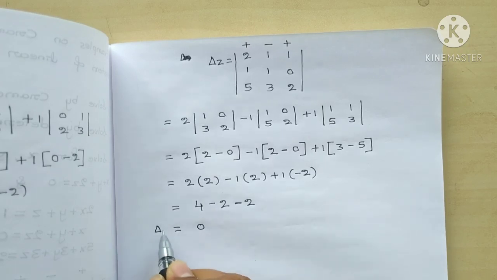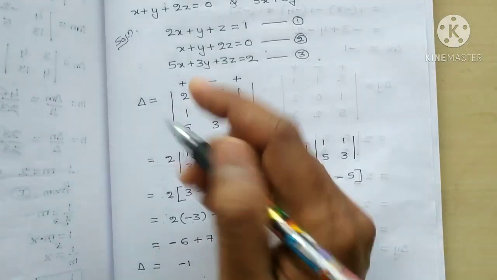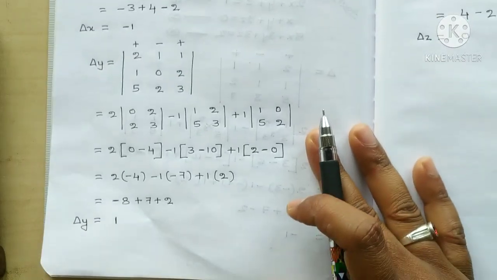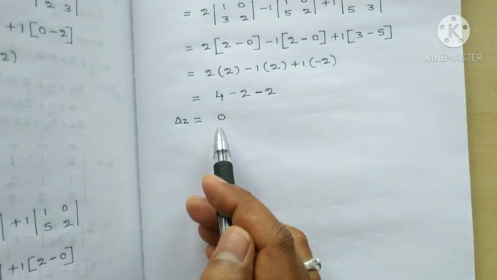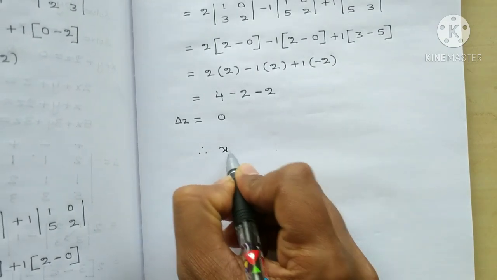So this is the value of what? Delta z. So you got all three values now. Delta is minus 1, delta x is minus 1, delta y is 1, and delta z is how much here? 0.